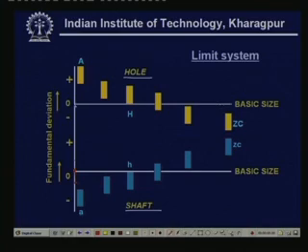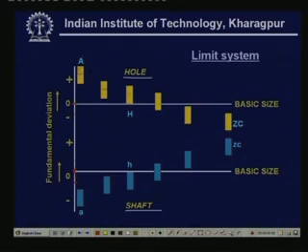Similarly, from the basic size, the hole can be larger or the hole can be smaller. Now, while considering the limit system, these are referred to as tolerance zones.